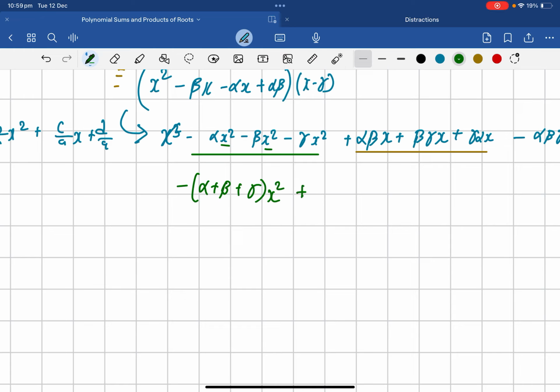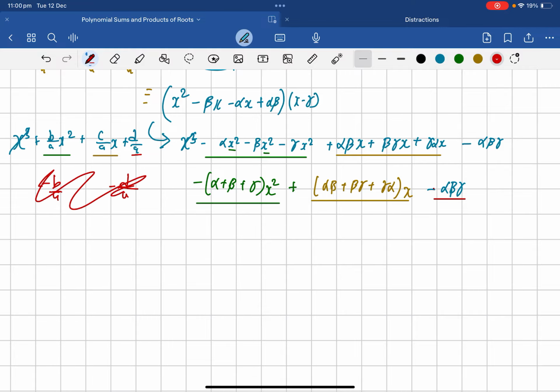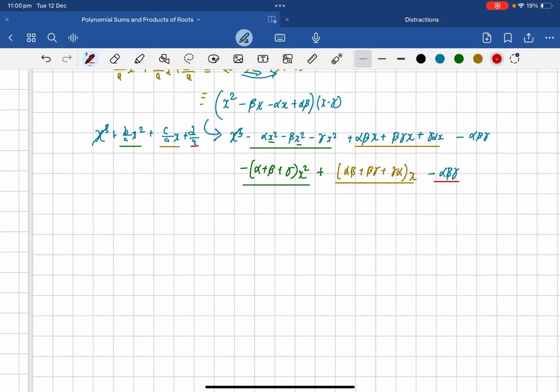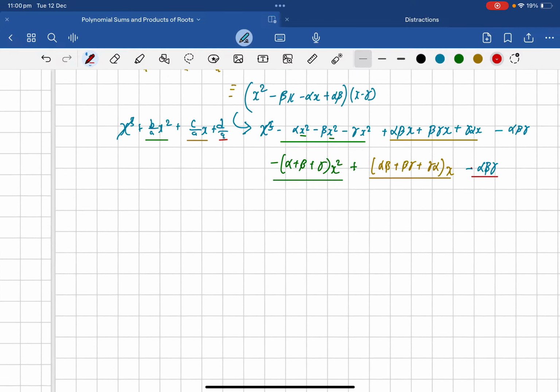That is as simple as it needs to get. Now, if you're wondering why it's positive b, well, if there's a negative here, take it to the other side. If there's a negative here, take it to the other side. So it becomes minus b on a, and this becomes minus d on a. Okay? Simple.